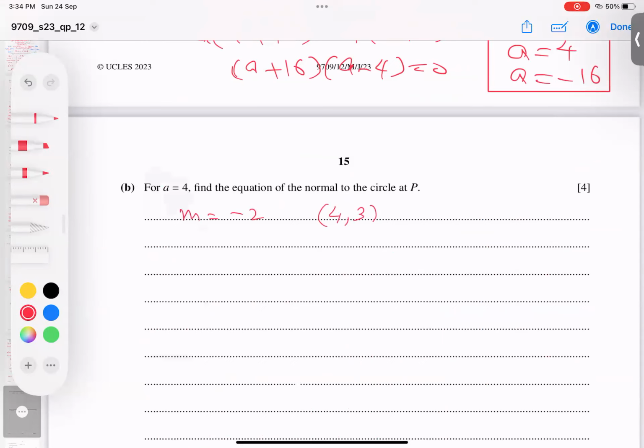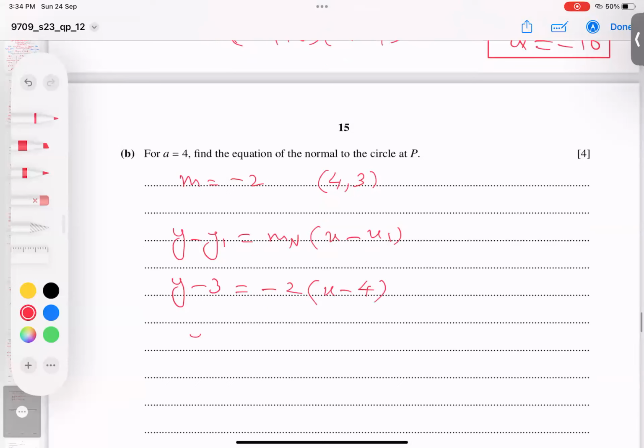Now I can find the equation of the normal. The formula is y minus y1 equals m normal times (x minus x1). Y is 3, the normal is negative 2, and x minus 4. So we got negative 2x plus 8, and finally negative 2x plus 11.